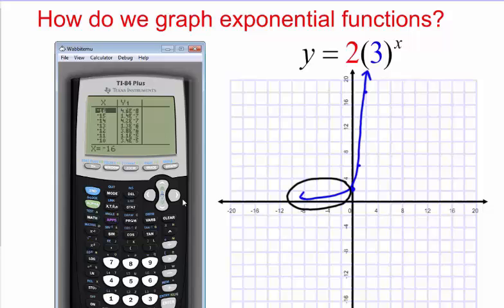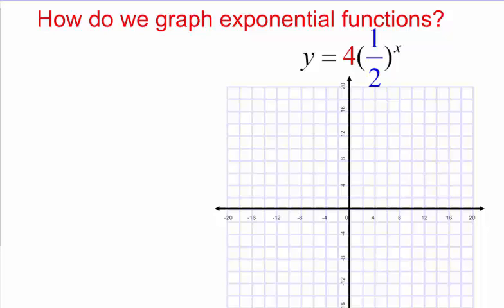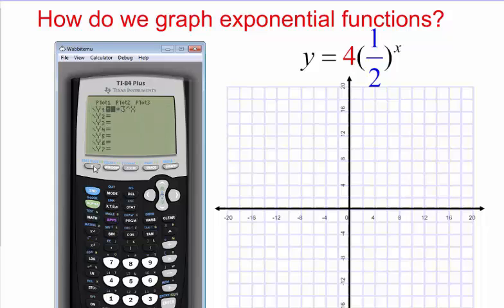Okay. Let's go ahead and look at another example for graphing. We've got y equals 4 times 1/2 to the x power. So again, I'm going to get onto my calculator. This time, because I'm dealing with a fraction, I am definitely going to be using the parentheses. So I'll do 1 divided by 2 in parentheses to represent that 1/2 to the x power.